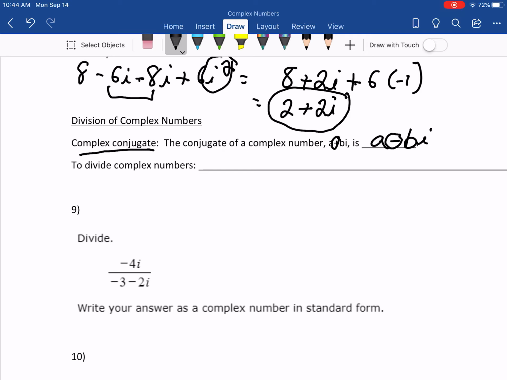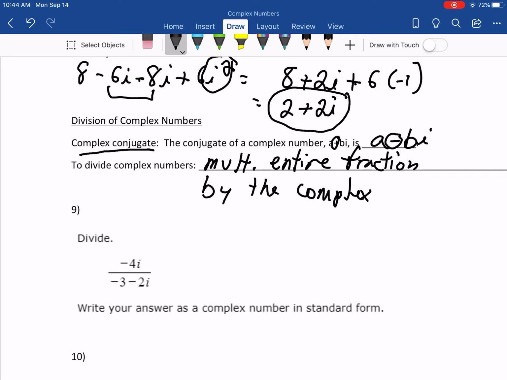So to divide complex numbers, we're going to multiply the entire fraction by the complex conjugate.